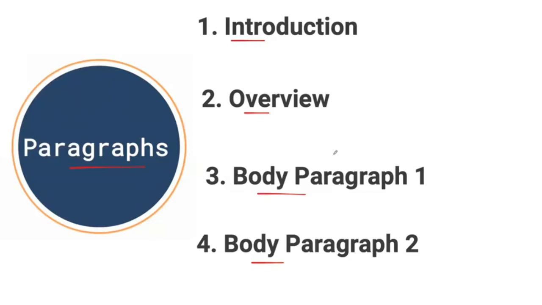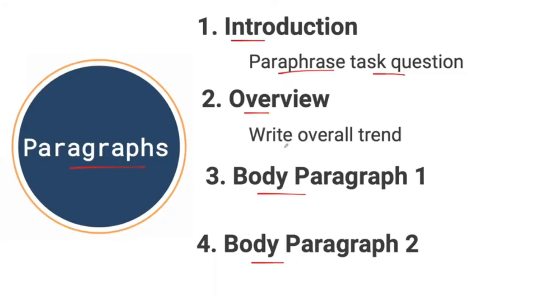So just to go into more detail, in your introduction, you will want to paraphrase the task question. You don't want to get too inventive here. You just want to make sure that you're following the rules and adding a nice introduction that will talk about the writing prompt you have. Secondly, you want to write about the overall trend. So this was something we looked at in step 1.